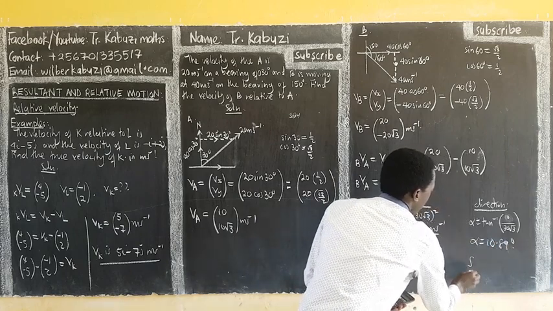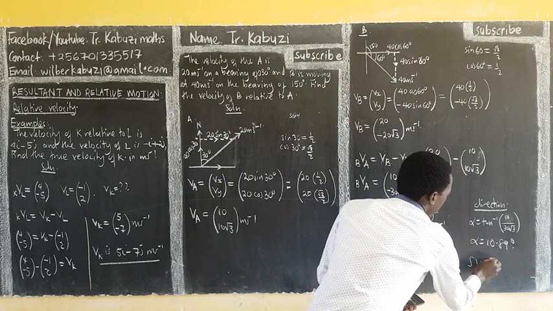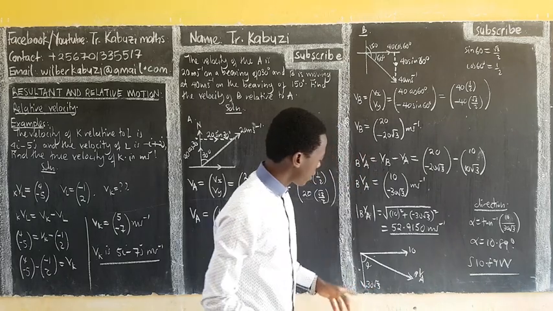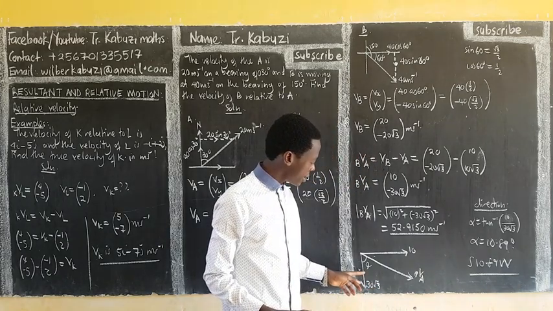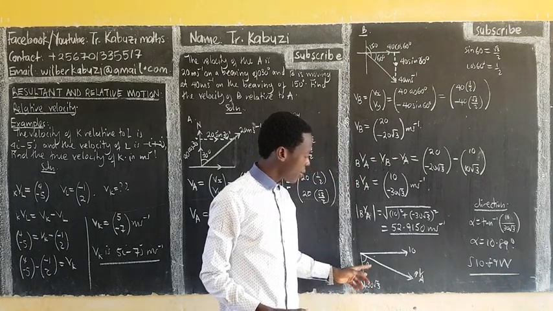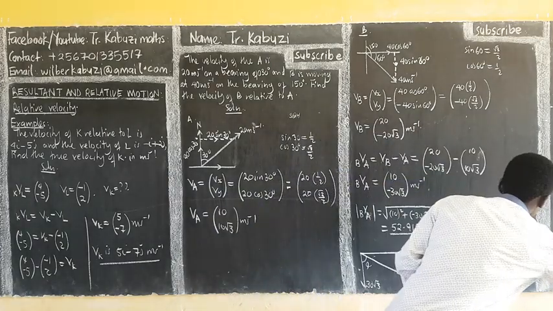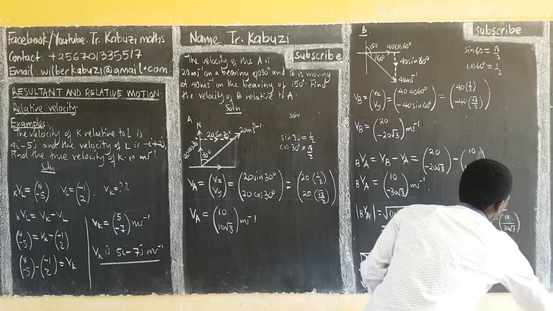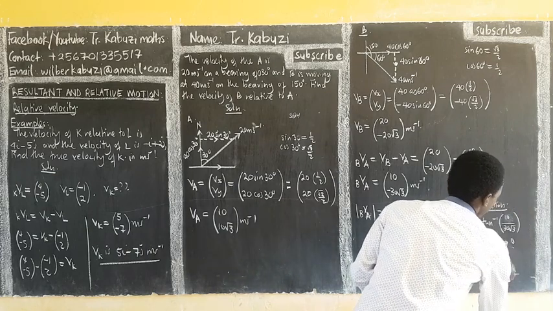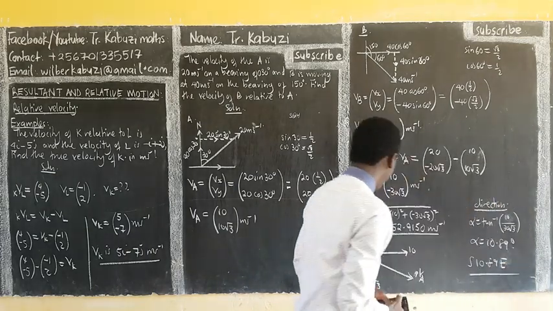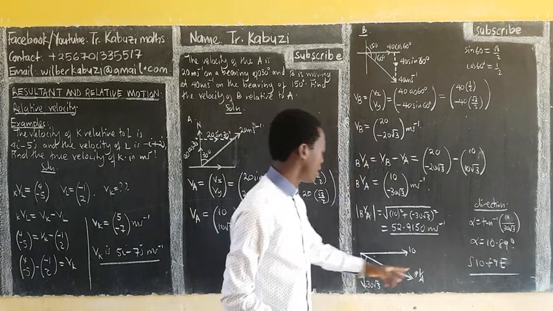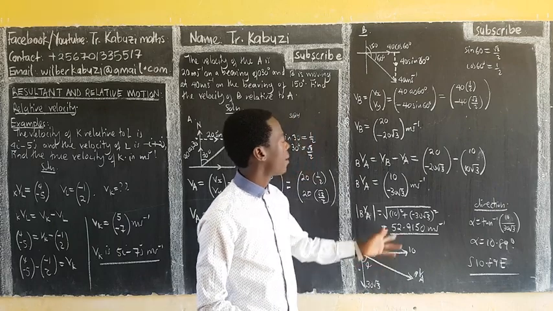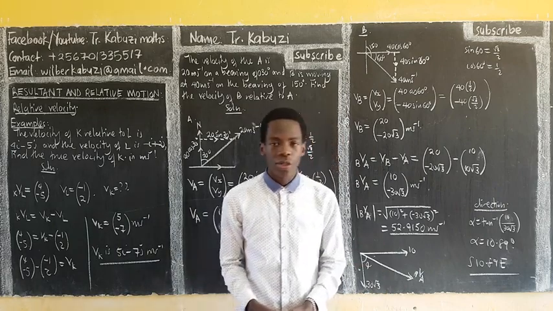So the direction is going to be south 10.89 degrees towards the east, not the west. Because from here we measure this alpha, 10.89, but we are going towards the east. So that's how we handle that. I wish you well.